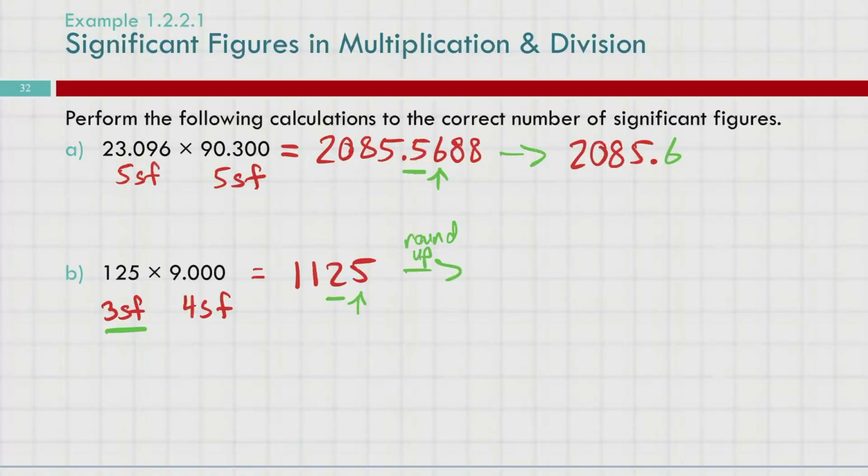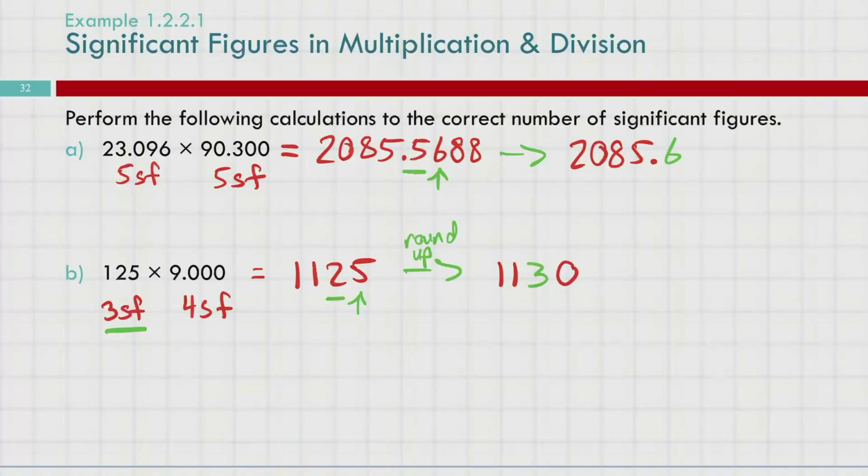So this turns into 113. Nope, we need a 0. 1130, so that it's about the same size. And then what do we do?